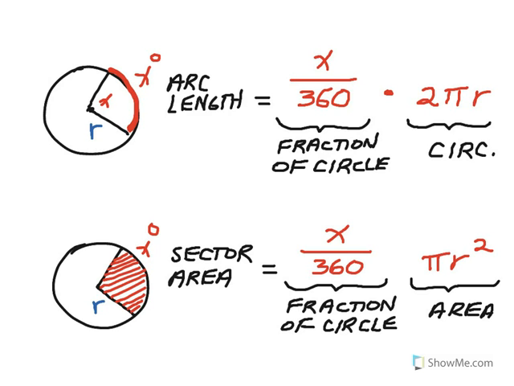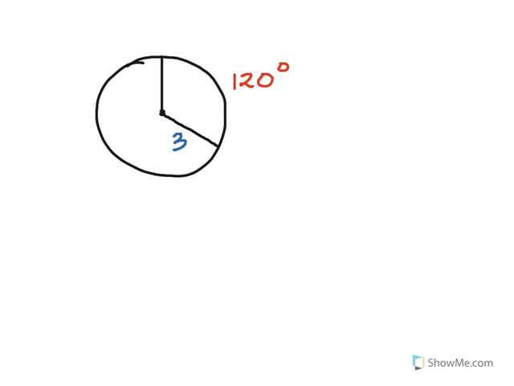If I take the number of degrees that the arc or the central angle that goes with that sector represents, the fraction of that number of degrees over 360, I get the part of the circle that that sector represents. And when I multiply that by the entire area, I get the area of the sector. So those are the formulas. They both use x over 360, the number of degrees of the arc over 360, times either the circumference or the area of the circle.